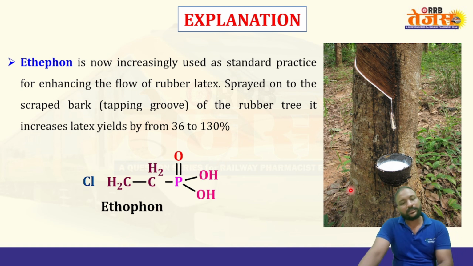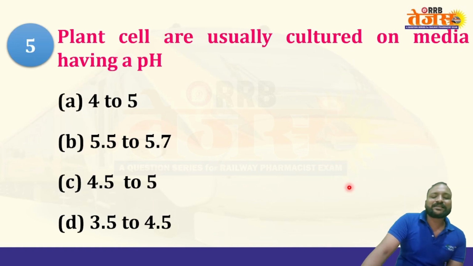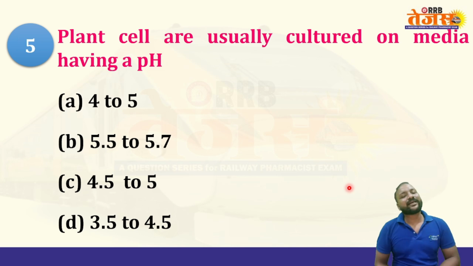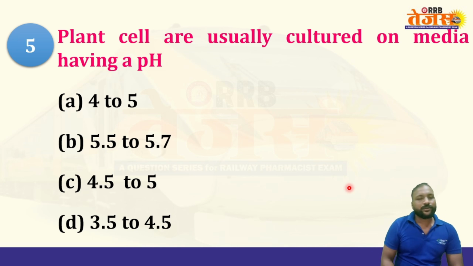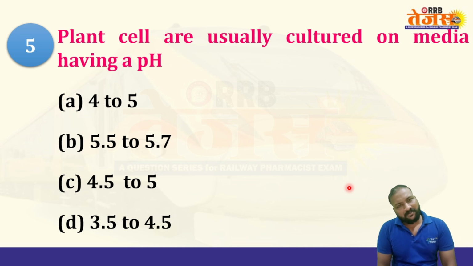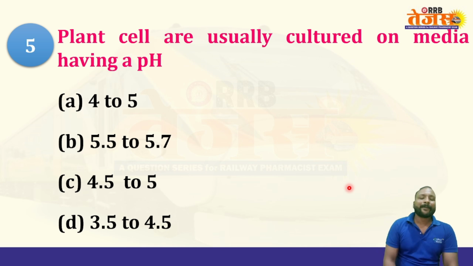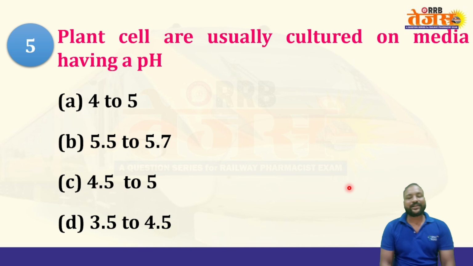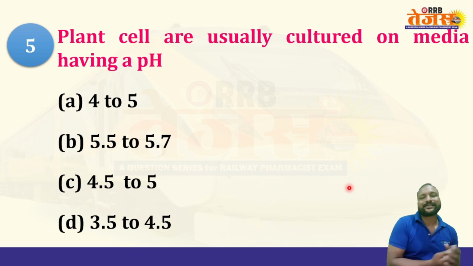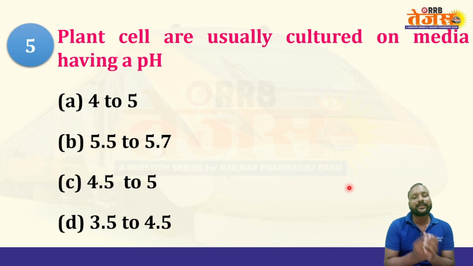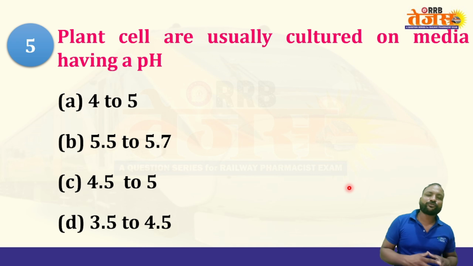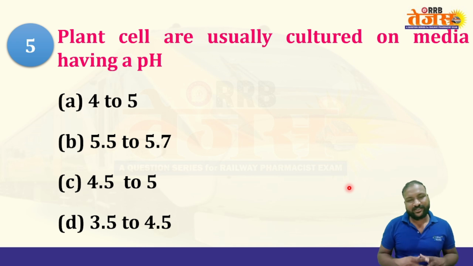Next question: plant cells are usually cultured on media having pH. There are several requirements for the plant tissue culture technique, but the question is, plant cells are usually cultured on media having a pH of what? Options: 4 to 5, 5.5 to 5.7, 4.5 to 5, 3.5 to 4.5.